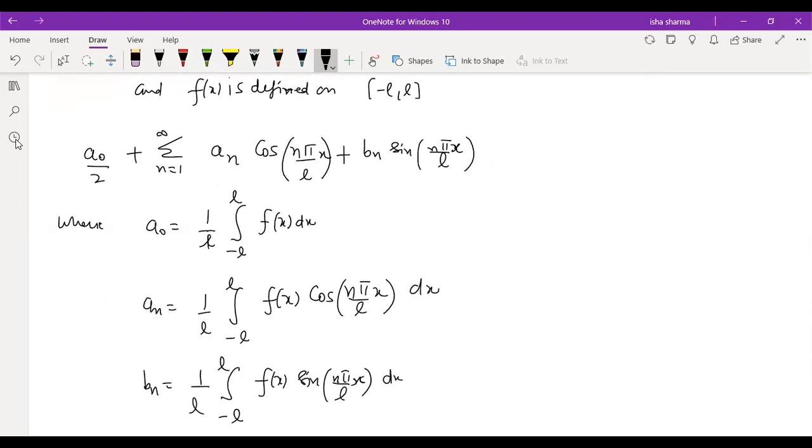Now these formulas have been derived using the same logic as the derivation of the Fourier series for periodic functions with period 2 pi. You can say it is just a rescaling of variables, so with rescaling we get these formulas.